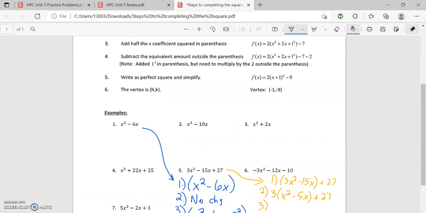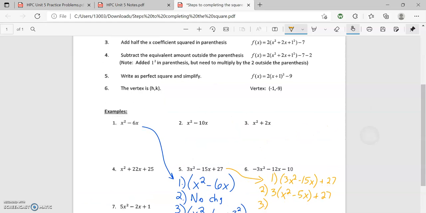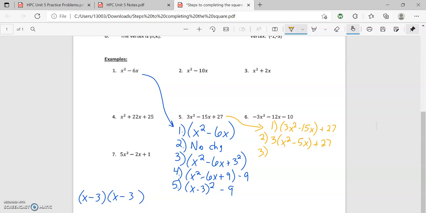Step 3, add half of the x coefficient squared in parentheses. Okay, so we rewrite 3 x squared minus 5x. This is where we take half of this term, so 5 halves.